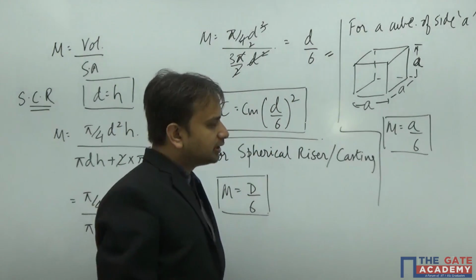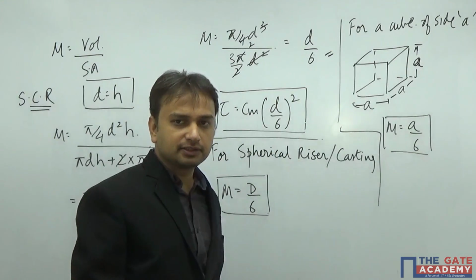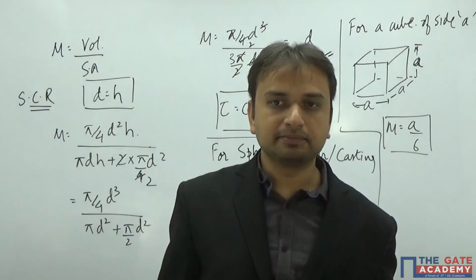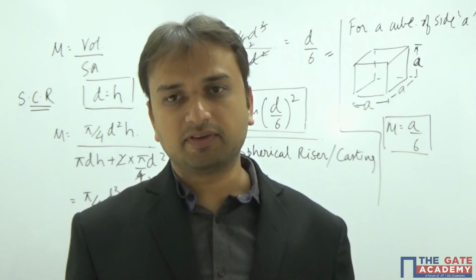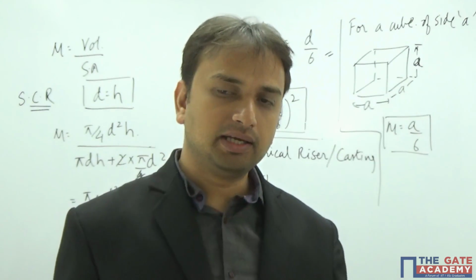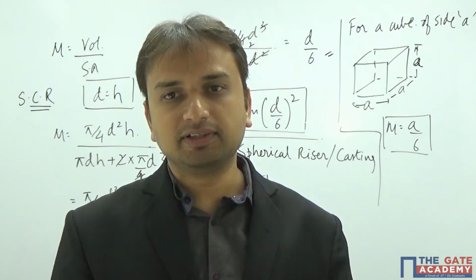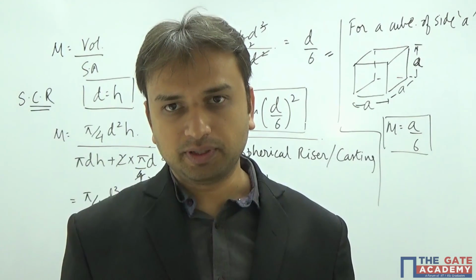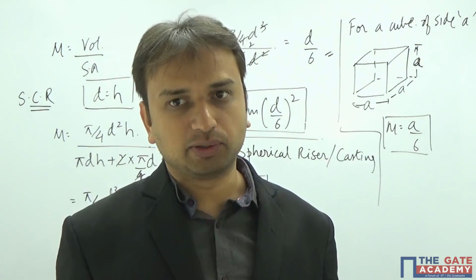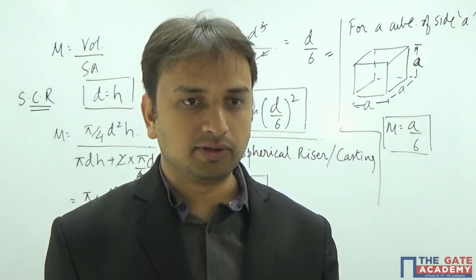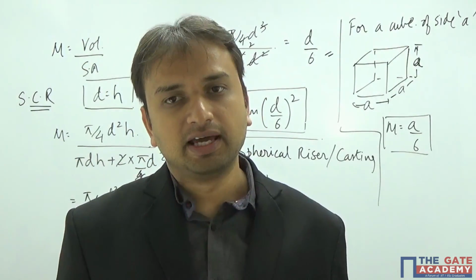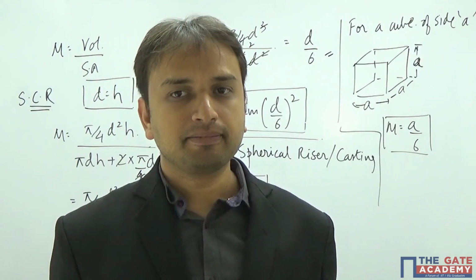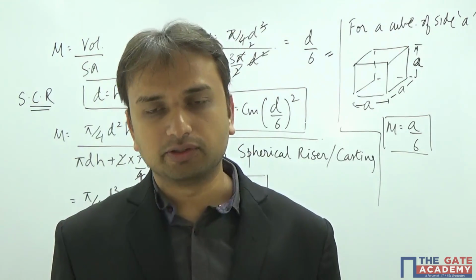So why am I discussing all these things? Because in exams, this method is going to be really helpful for saving time, okay? You will find that there are several problems given to you in exams where you have to compare the solidification time of 3 castings. One is a cube, another a sphere, and another one is a cylinder. And you have to calculate the solidification time.